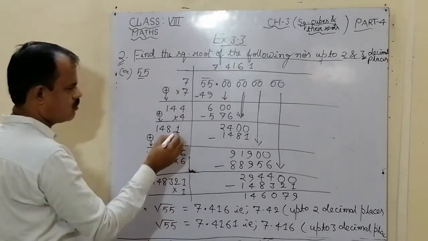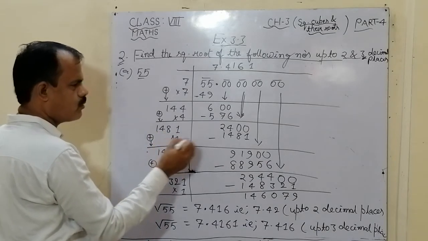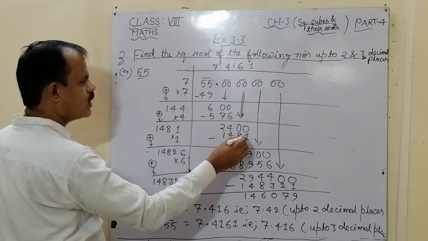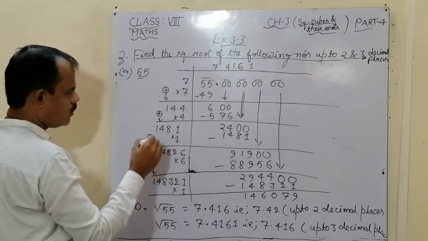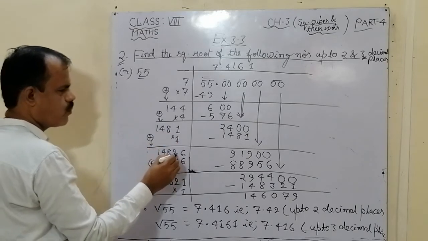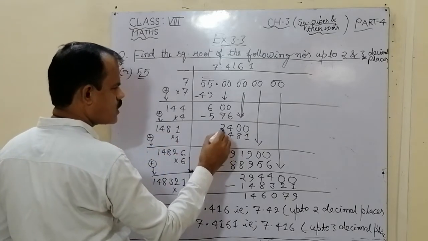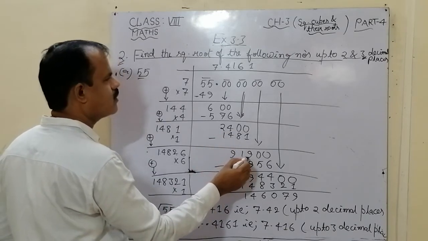And we take here 1. 1481 multiplied by 1 becomes 1481. Now we write here 1 also. Now we add 1481 plus 1, 1482. And when we subtract 2400 minus 1481, it becomes 919.